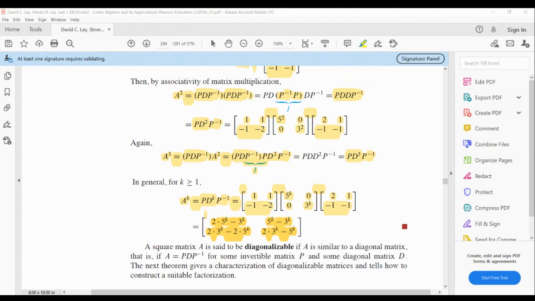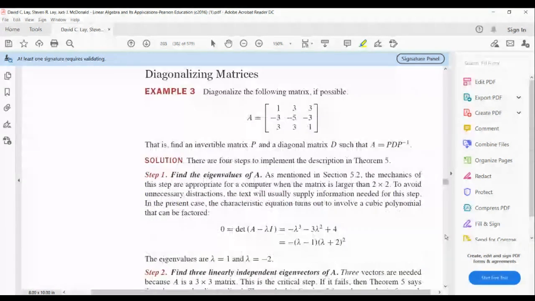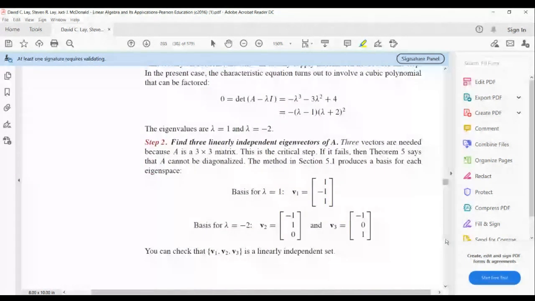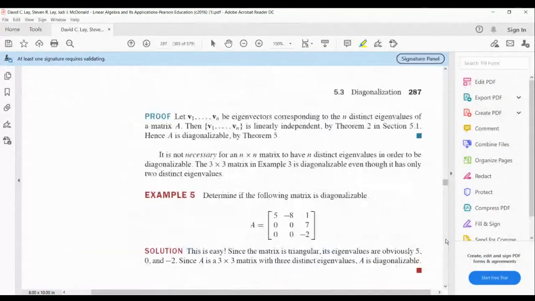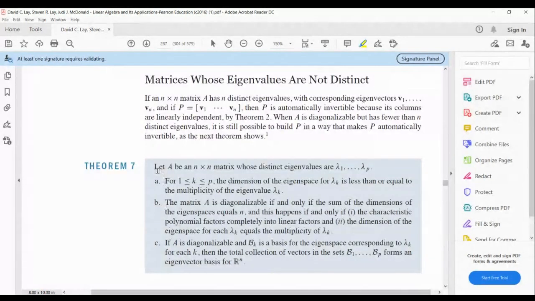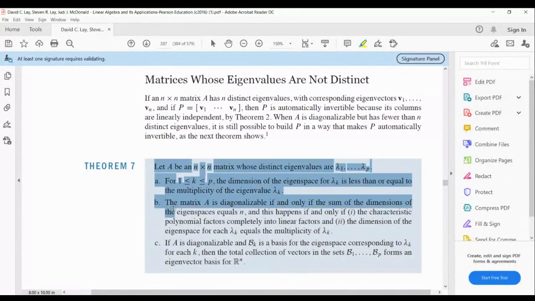Okay, very good. Maybe one more thing I'll point out here in this section, and then we're going to move on to section 5.5. You do have theorem 7 here. That is a theorem regarding diagonalization.